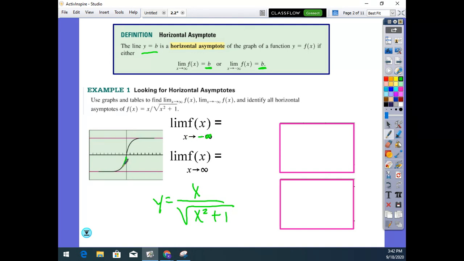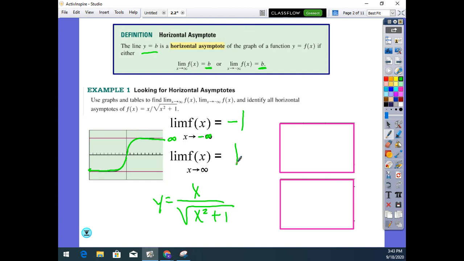As I trace this, going really, really, really far, what y value is this close to? Negative 1. As I trace it to positive infinity, the y value is getting really close to positive 1.